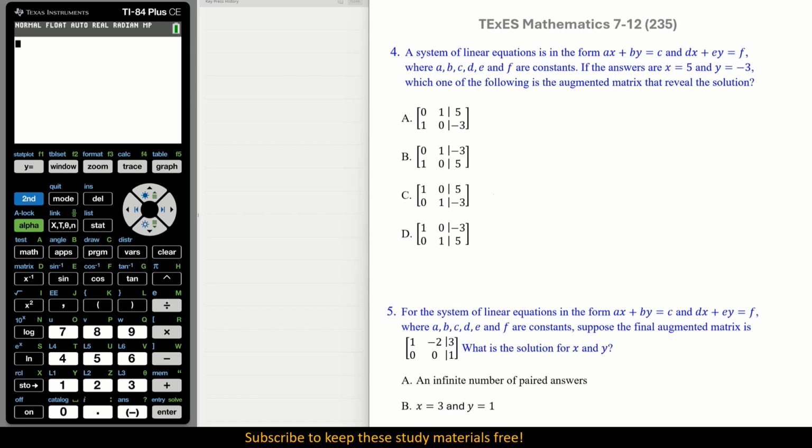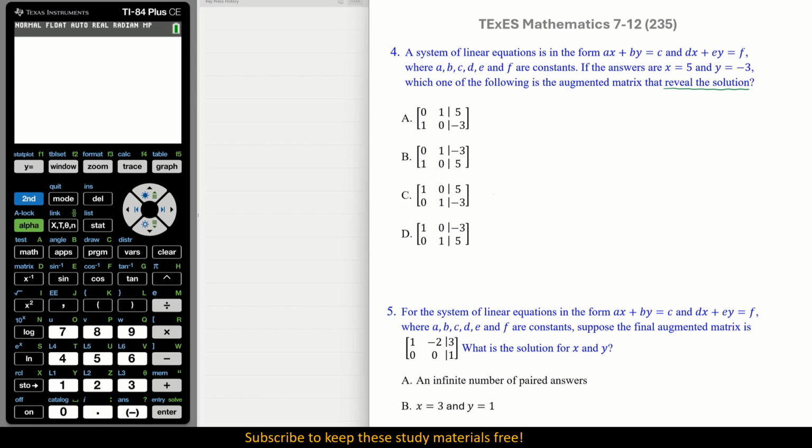If the answers are x equals 5 and y equals -3, which one of the following is the augmented matrix that reveals the solution? Well, what they're testing, your very basic knowledge, is that you need to have the identity matrix, and then in your last column will be the answers.